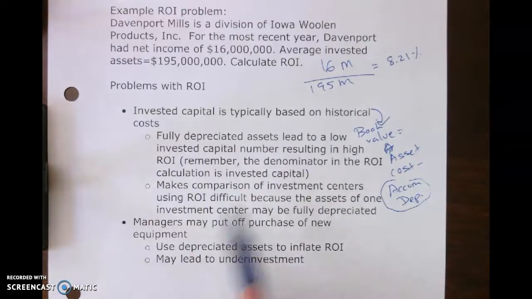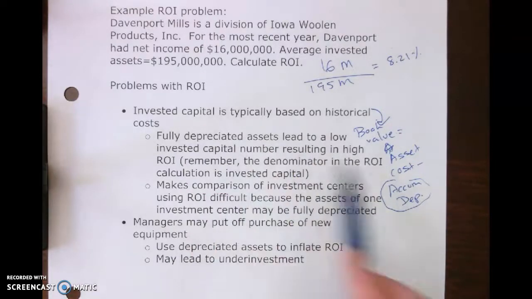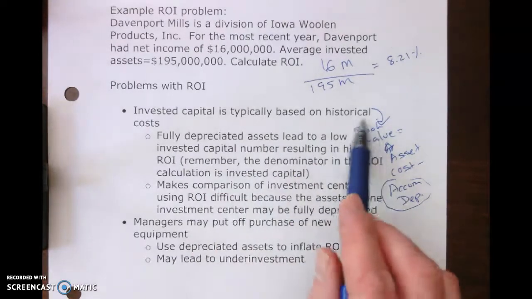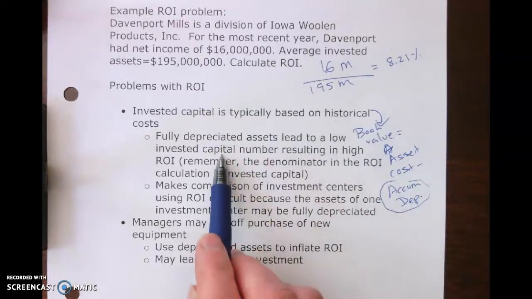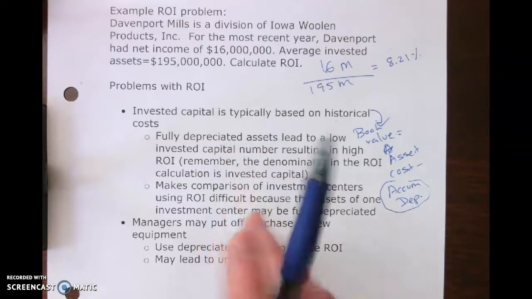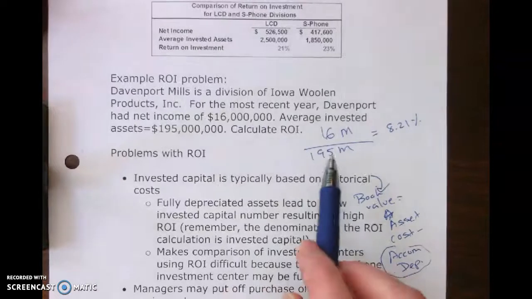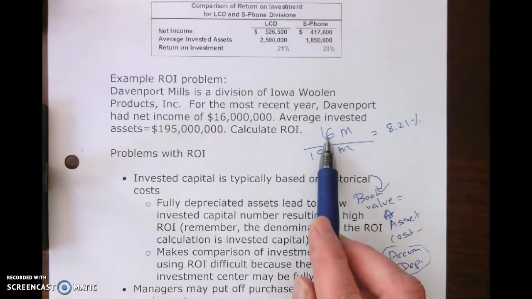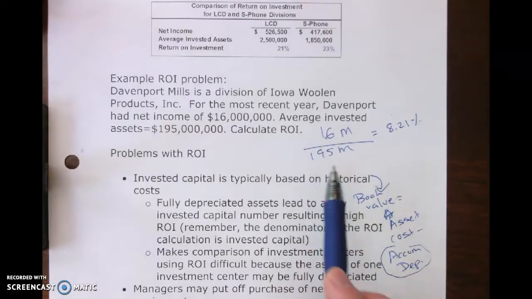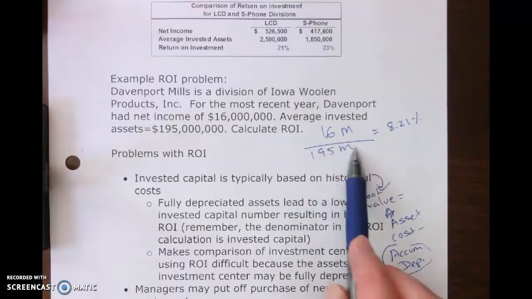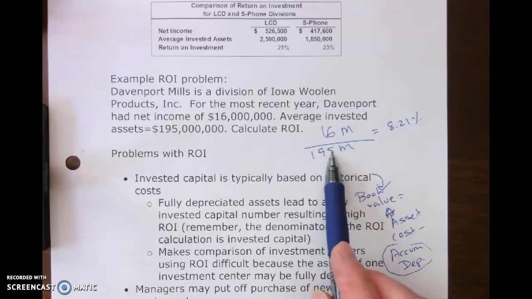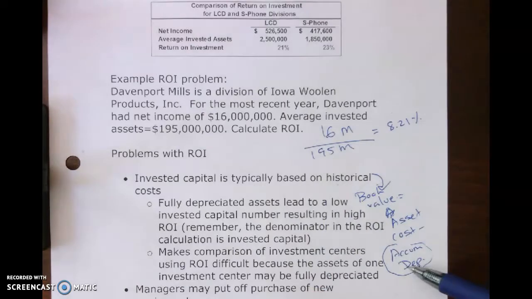And that's what I'm saying right over here. We have some fully depreciated assets that could lead to a low book value and a low, therefore, invested capital number. If we think about how we calculated return on investment, income divided by invested capital, this number will go down over time, right? Because accumulated depreciation increases.